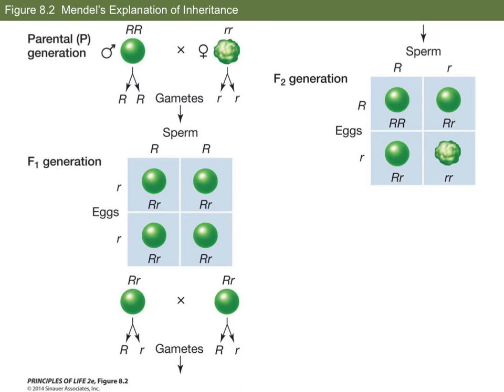This is an example of a cross that Mendel would have performed. The character he was looking at was the shape or the texture of the seed, and the two alleles are round versus wrinkled, or smooth versus wrinkled.